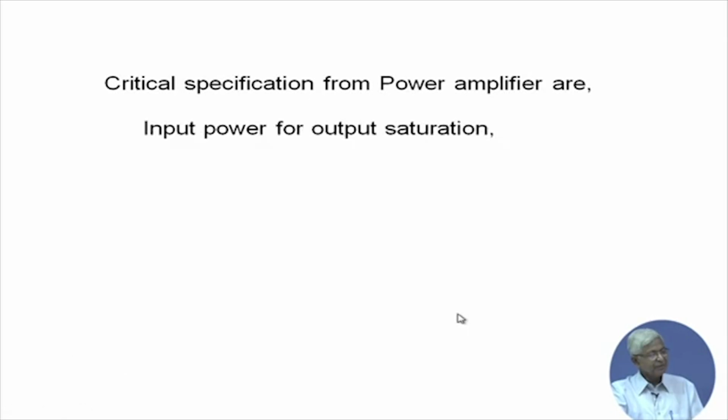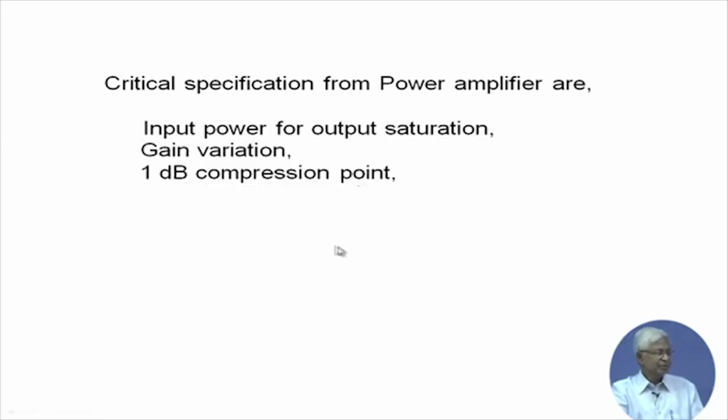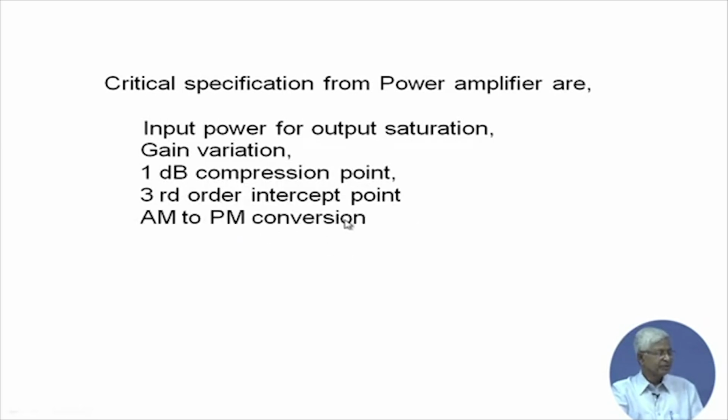Critical specifications of the power amplifier are the input power for output saturation, how much input power will give output saturation, defining the nonlinearity, or the 1 dB compression point, gain variation, third order intercept point, and AM to PM conversion, amplitude modulation to phase modulation, which are also part of nonlinearity. We will discuss those things later. Then DC to RF conversion efficiency.